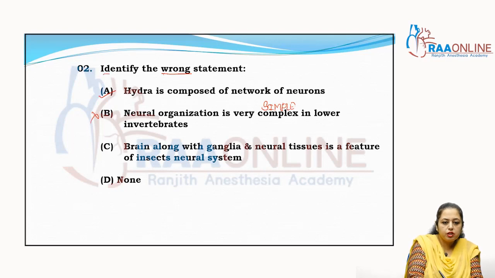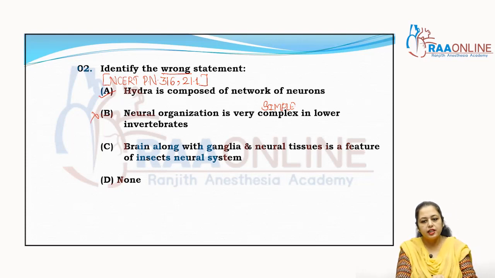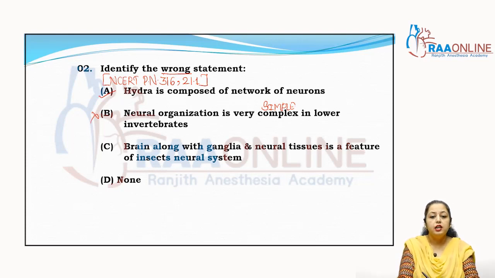It is mentioned on the same page number, that is 316, in heading 21.1, in the second paragraph. In the second paragraph, the first line is that neural organization is very simple in lower invertebrates, right? And in the second line, they mention that hydra is composed of a network of neurons, right?